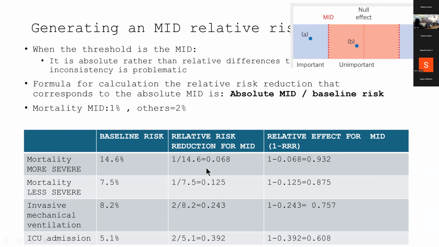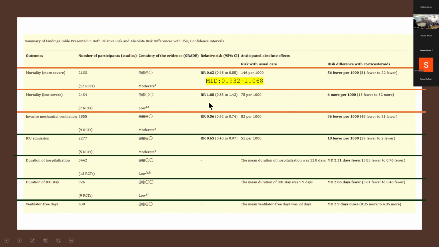My relative risk reduction will be 0.068. I have to subtract that from 1, so 1 minus 0.068 will give you 0.932. If I add 0.068 to 1, it will become 1.068. So my MID of 1% on the forest plot will translate to 0.932 to 1.068.